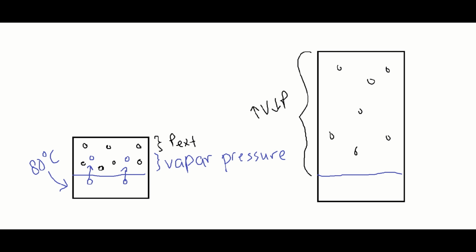So this diagram is not drawn to scale. If the volume increases 3 times, the pressure is going to decrease by that same factor. So we significantly decreased the external pressure, so much so that it equaled the vapor pressure of the water.